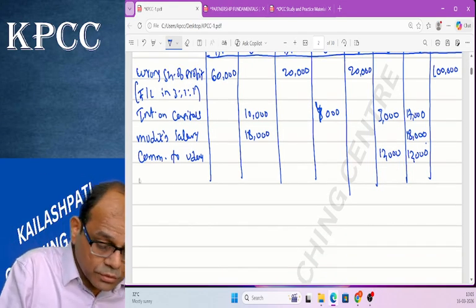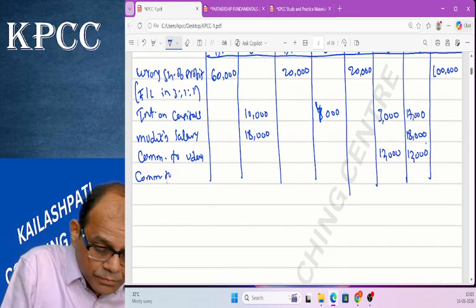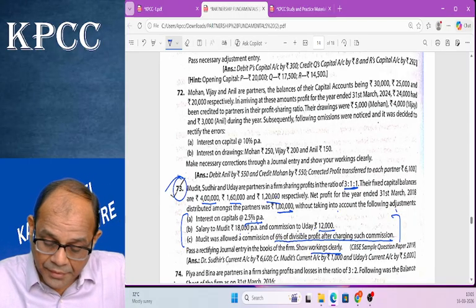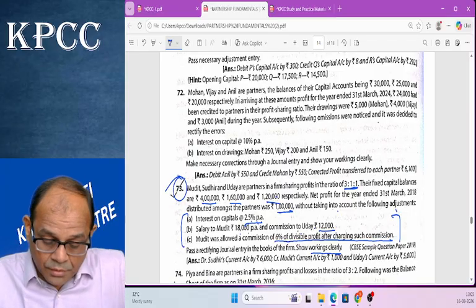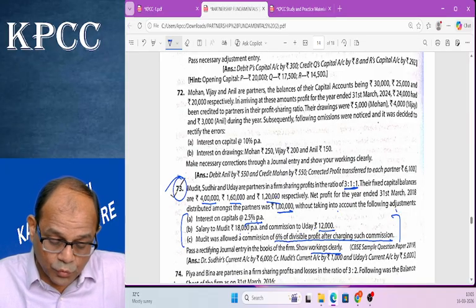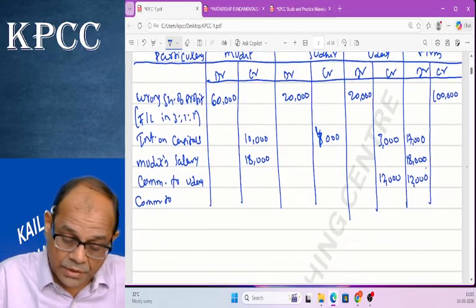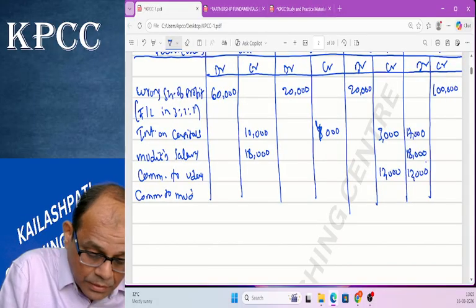Then commission to Mudit. Uday we have written 12,000. This is Uday only we wrote, no? Yes. Now commission to Mudit.